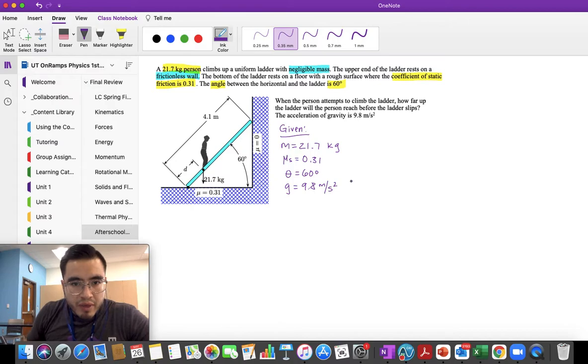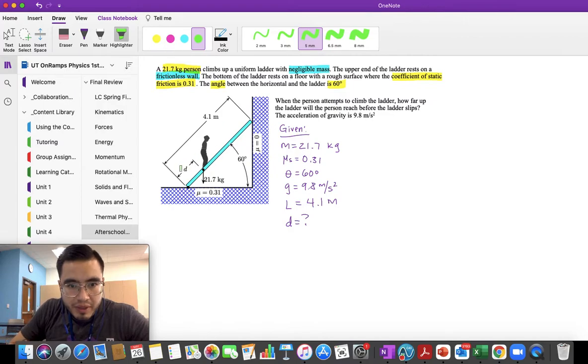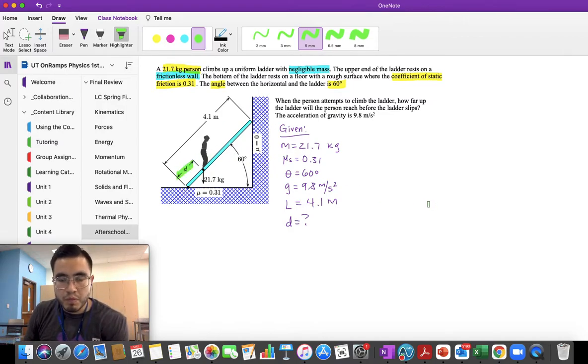And from the diagram, we can see that the length of the ladder, we're going to call this length L, is 4.1 meters. So we have to find distance D, which is this over here. Okay, let's highlight that with green just so you can see. There you go. That's what we need to find.